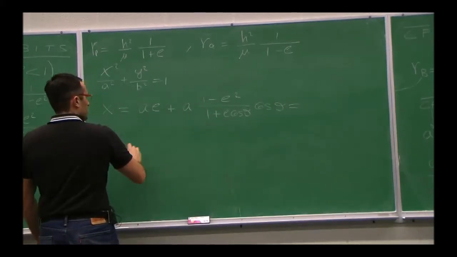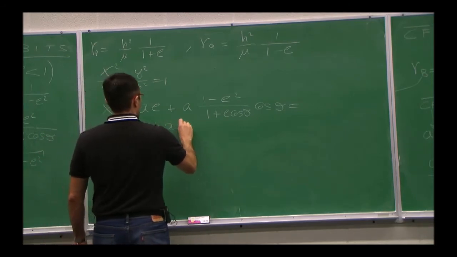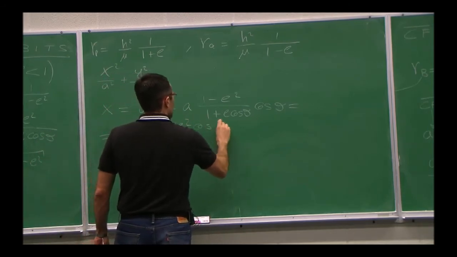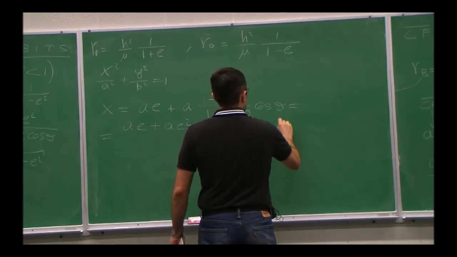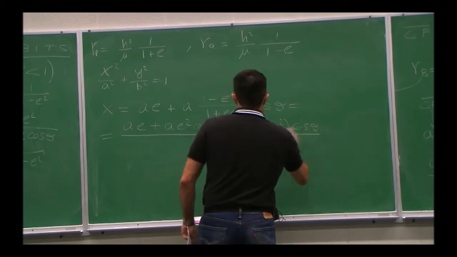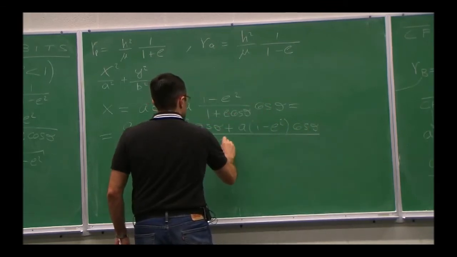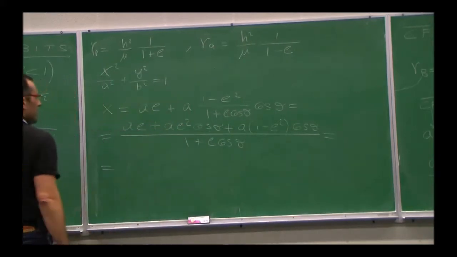Let's process this a little bit. I get AE plus AE squared cosine of theta plus A(1 minus E squared) cosine of theta divided by 1 plus e cosine of theta. Let's see if something goes away. I hope so.